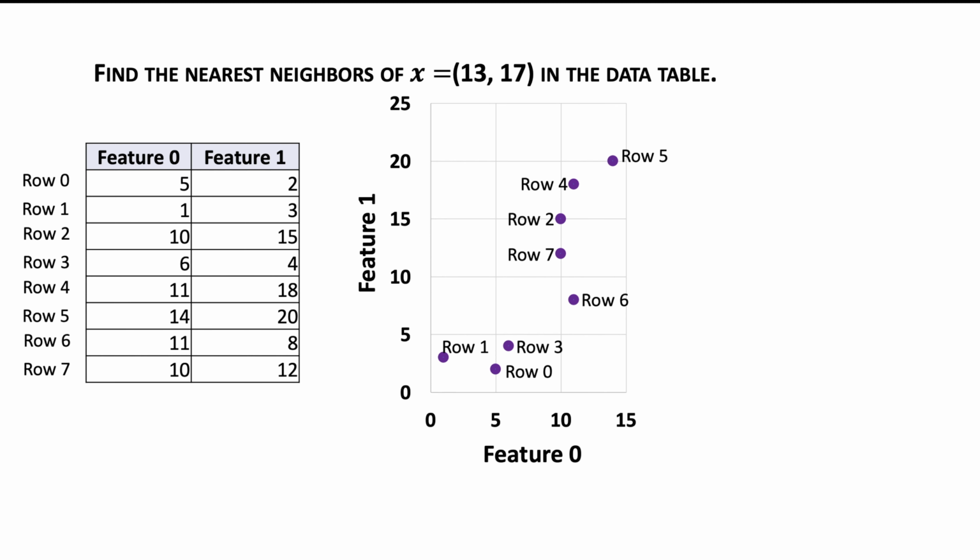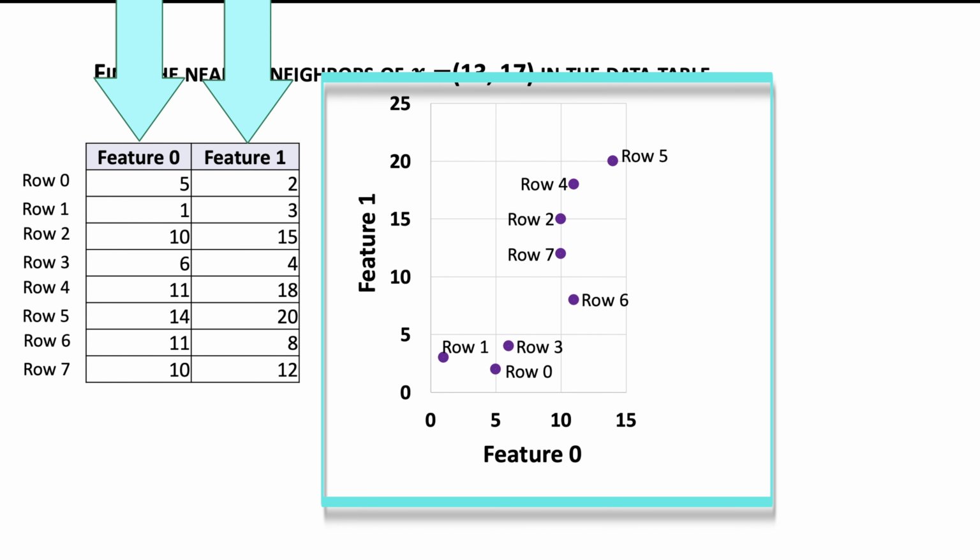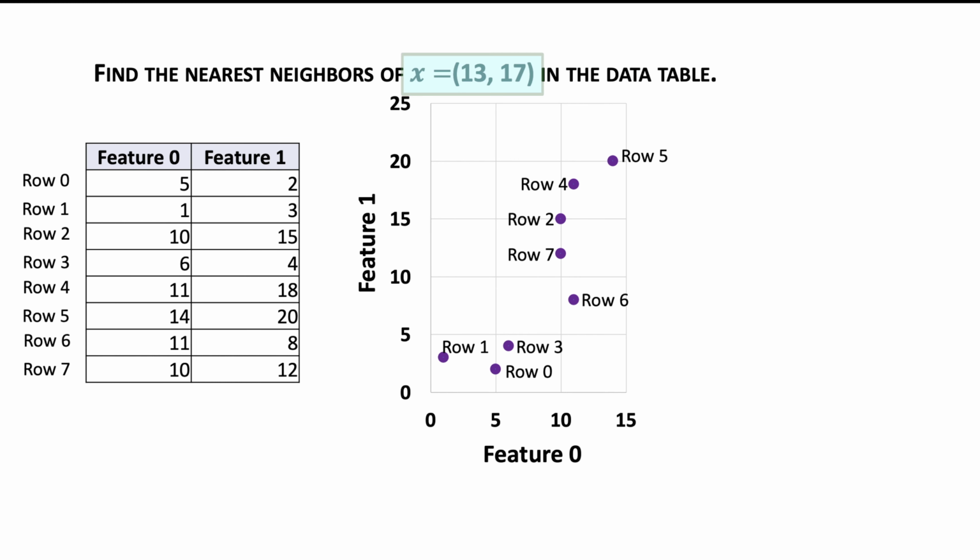Anyway, in this example, we have two-dimensional data. Therefore, it is easy to visualize the data in the 2D space. Our reference point is 13, 17. Again, 13, 17 is the point whose nearest neighbors we will find.